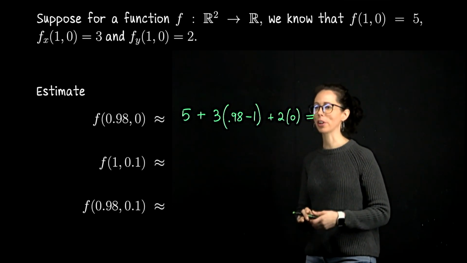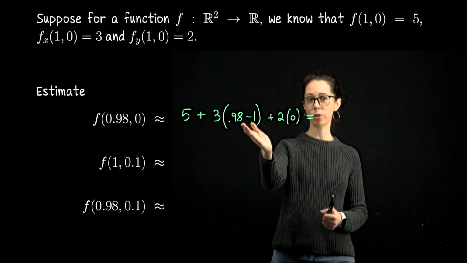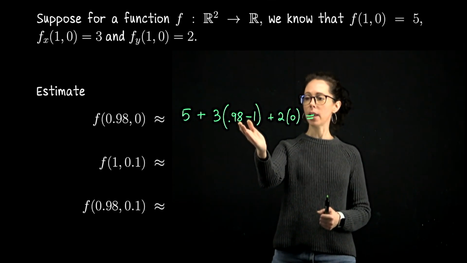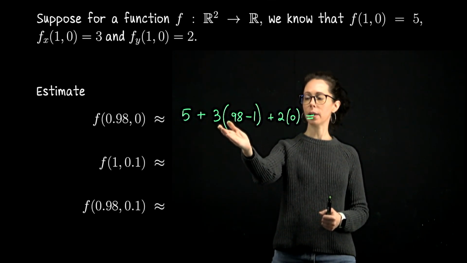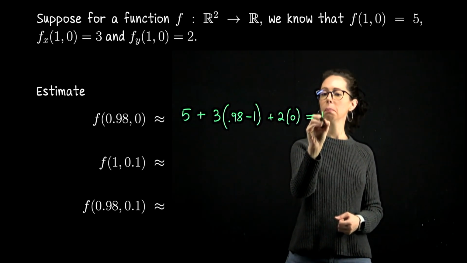Okay, now I have to do this number crunching in my head. So this is negative 0.02, the sign here matters. So negative 0.02 times 3 is negative 0.06, so 4.94.